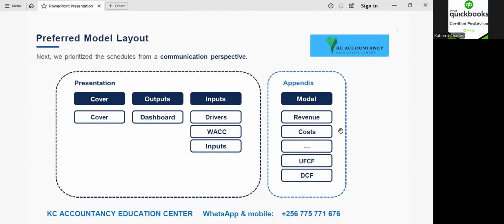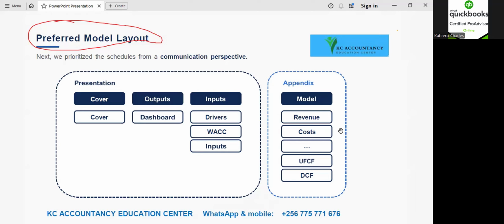We are now looking at the preferred model layout.